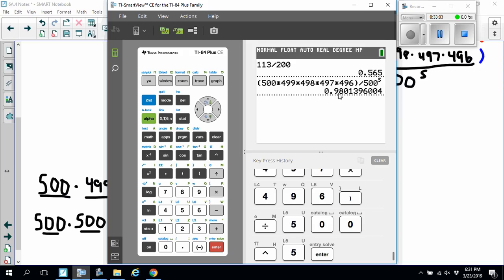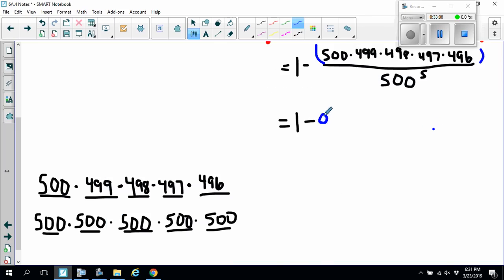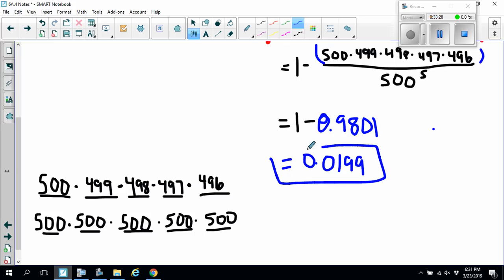So we get about 0.9801. And then we subtract that, so we should get a probability of about 0.0199. So that is the probability that at least 2 of the fortune cookies will have the same message inside. That's not a very high probability.